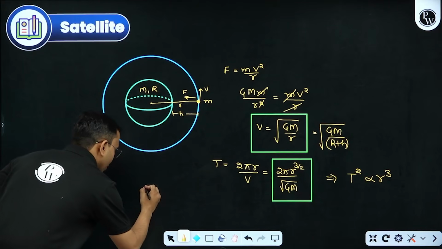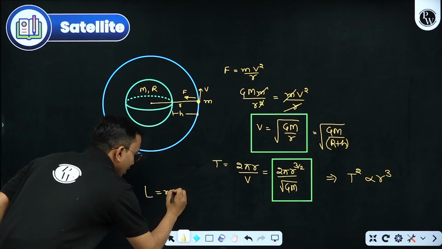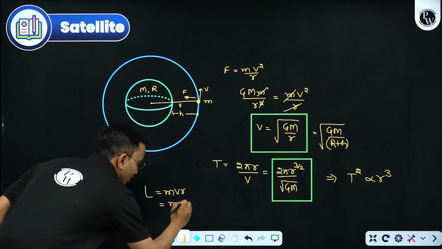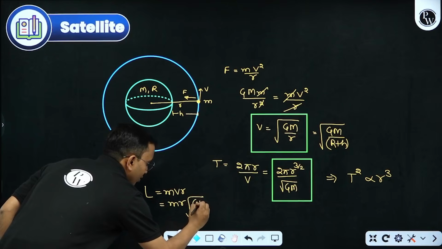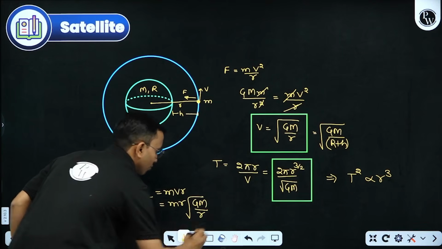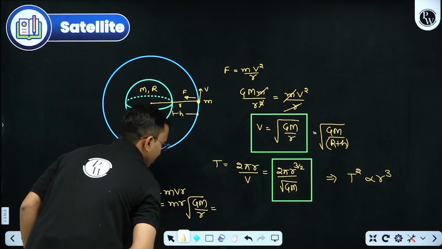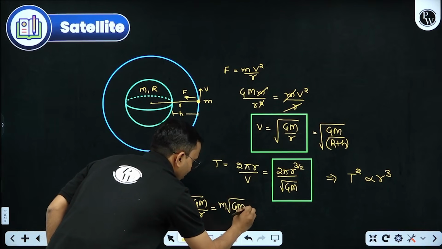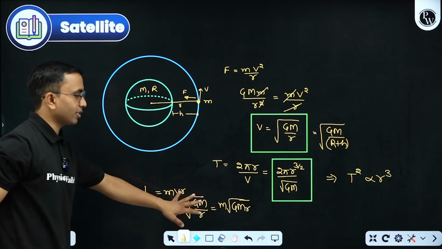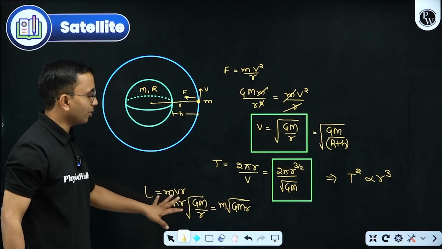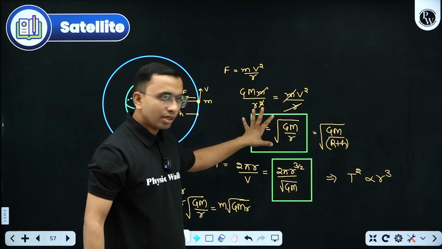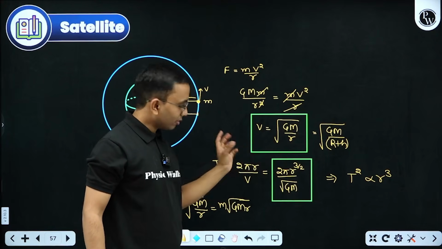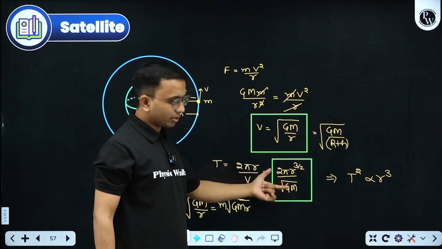Angular momentum, let us take L, that is just mv into r, and v is root of GM by r. So angular momentum also you can write like this: m root GMr. You need not remember this expression, I'm just writing it. Don't remember it for angular momentum. Just remember this velocity. This is the most important. From velocity you can write time period also, but better to remember this as well because this is also important.